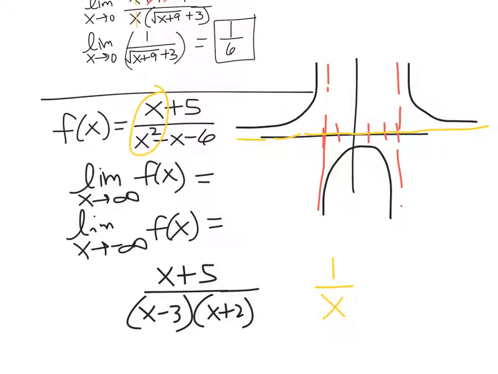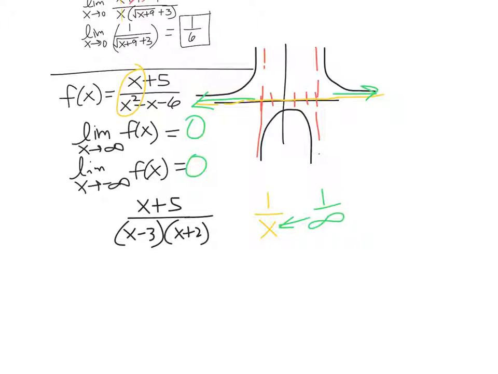So as x goes to infinity out this way, what is y getting closer and closer to? 0. Plug infinity in to here. What is 1 over infinity? It's pretty much 0. All right, the other direction, same, 0. Okay, which means that we have a horizontal asymptote at y equals 0.